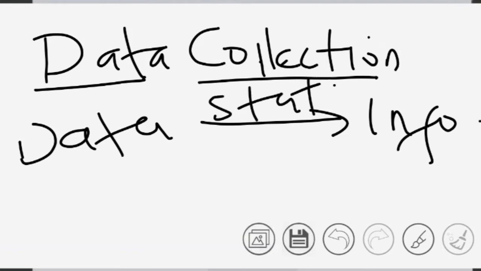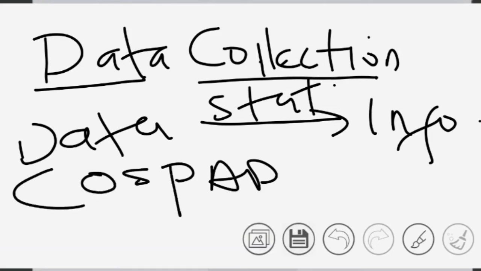The tool that converts data into information is referred to as statistics. And to have a more information-packed definition, we may need to resort to the acronym COSPAD. What is COSPAD?